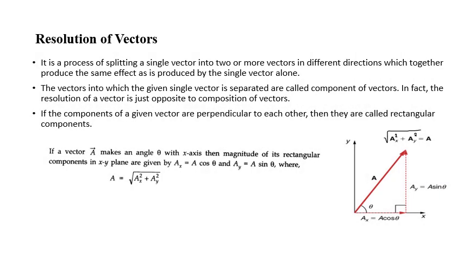Now let us see another important topic in this lesson: resolution of vector. What is this resolution? Look at this. It is a process of splitting a single vector into two or more vectors in different directions, which together produce the same effect as that produced by the single vector alone.